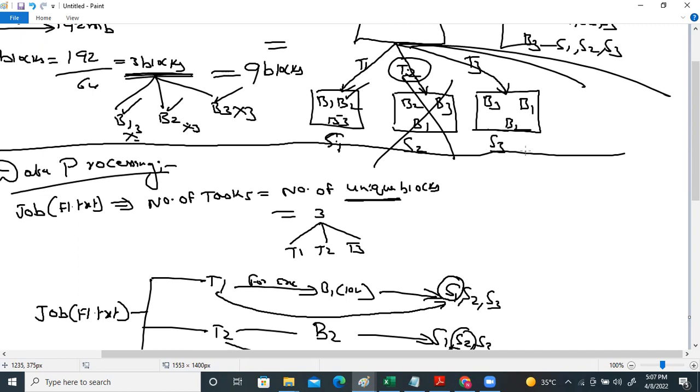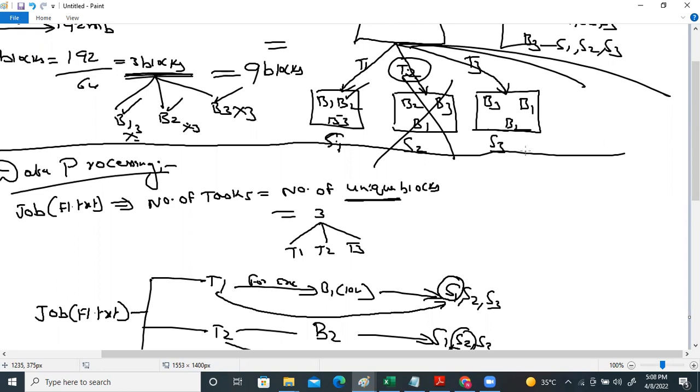But what I am trying to say is, even if a particular slave goes down, there is no data loss and no task failure, so the task is assigned to any of the other slaves. This process we call the fault tolerance mechanism.